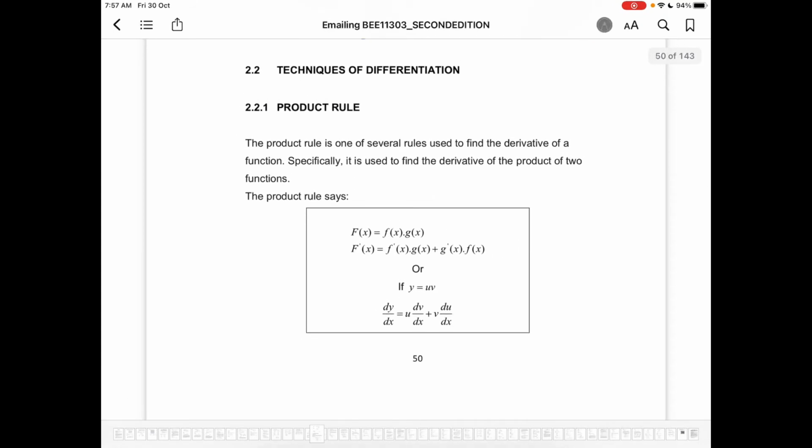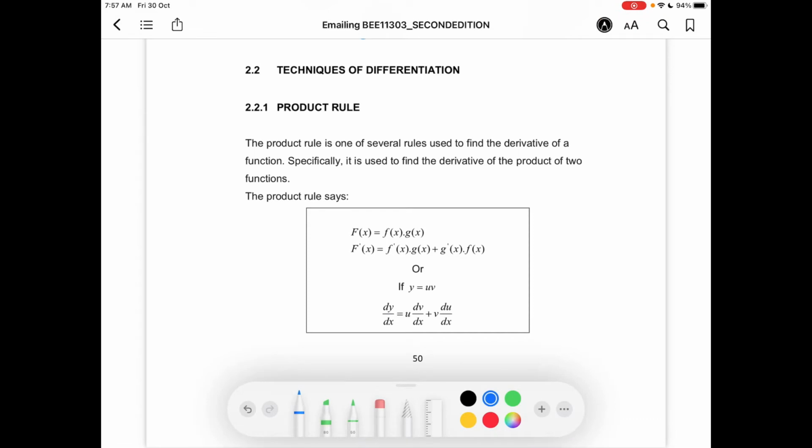Product rule, I bet this is the easiest technique. You have learned this before during your SPM and STPM, and also during your diploma in Polytechnic.